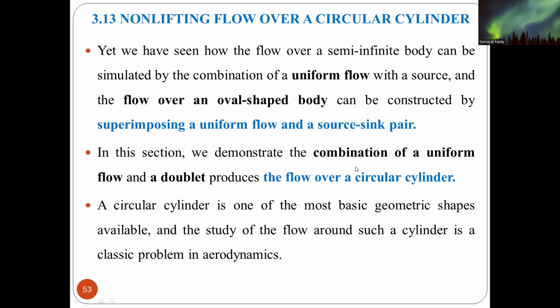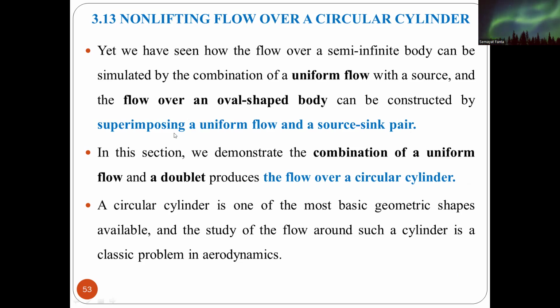The next topic is non-lifting flow over a circular cylinder. So far we have seen how the flow over a semi-infinite body can be simulated by a combination of uniform flow with a source and sink. And the flow over an oval-shaped body can be constructed by superimposing uniform flow and a source-sink pair.